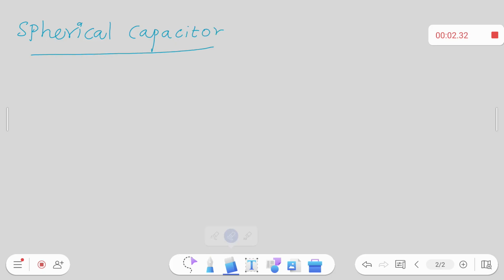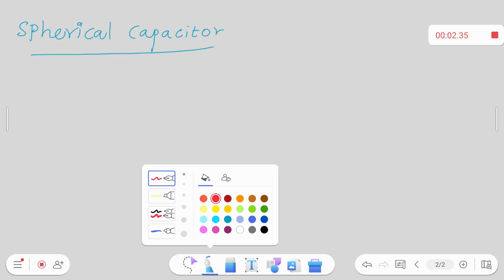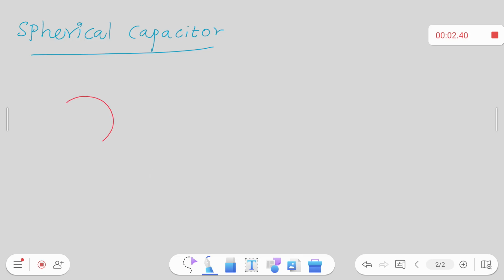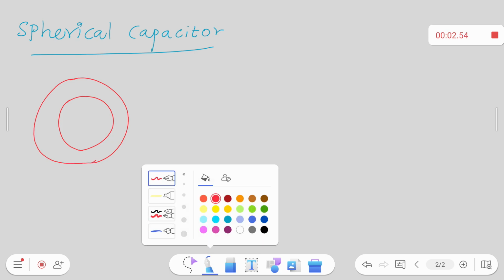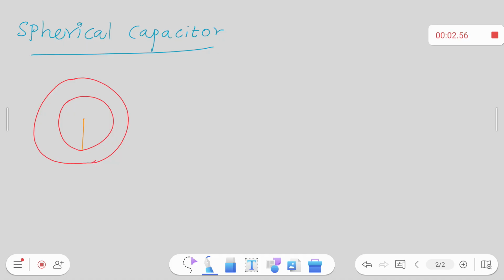We will be using Laplace equation to find the capacitance of a spherical capacitor. So a spherical capacitor consists of two concentric conducting spheres, and let us take the radius of the inner conductor be A and radius of outer conductor be B, and the voltage at the inner radius is V0 and voltage at the outer radius is 0.